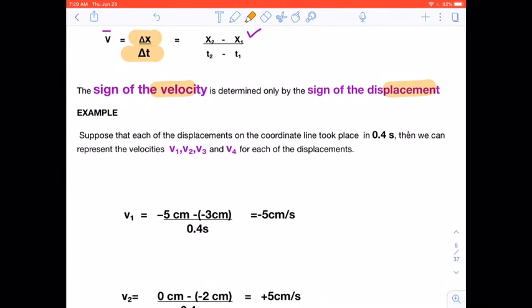Now suppose that each of the displacements on the coordinate line took place in 0,4 seconds.